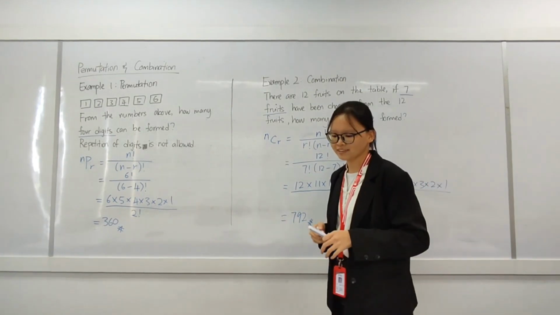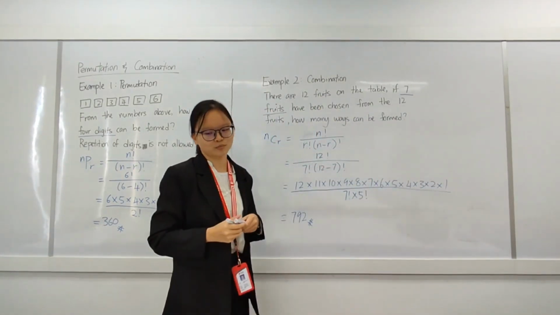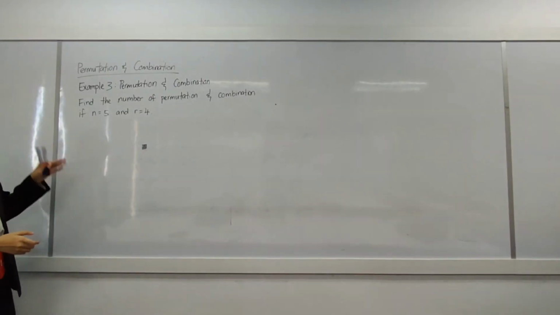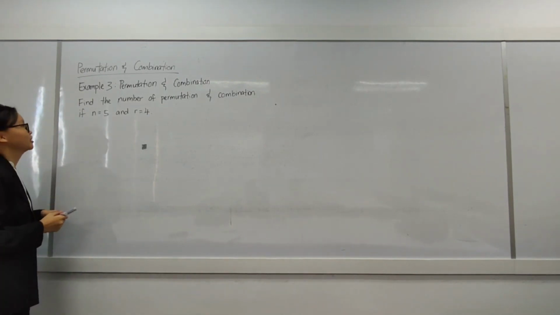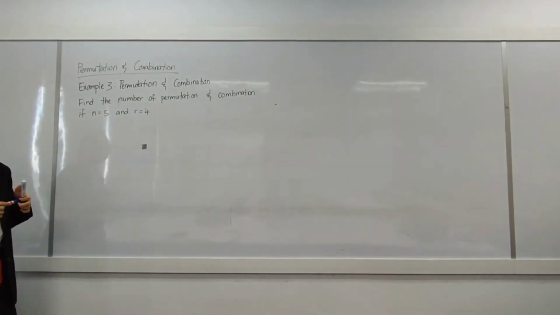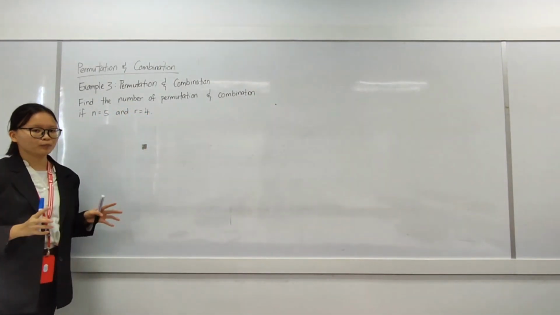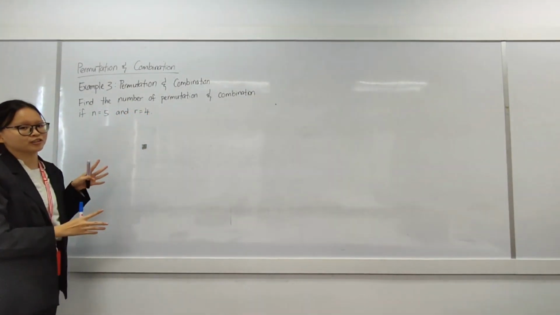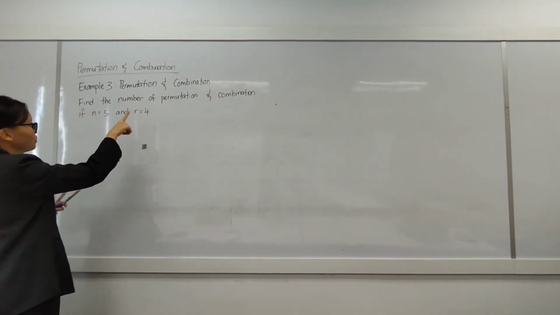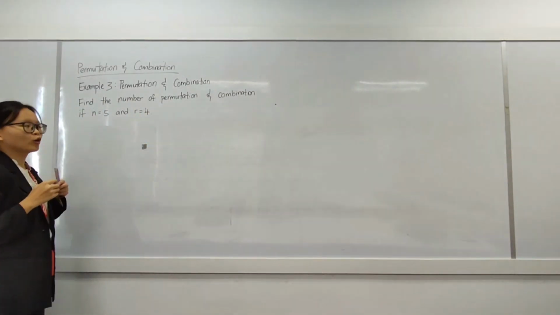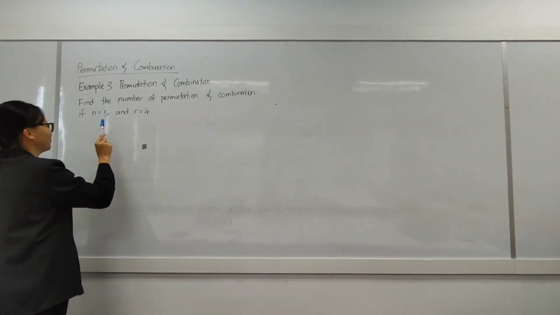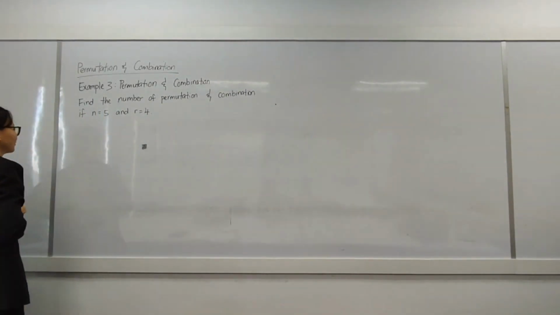Okay. All right. So we'll move to the last example. So this is the last example of permutation and combination. What if permutation and combination appear in the same question? So find the number of permutations and combinations if n equals 5 and r equals 4.